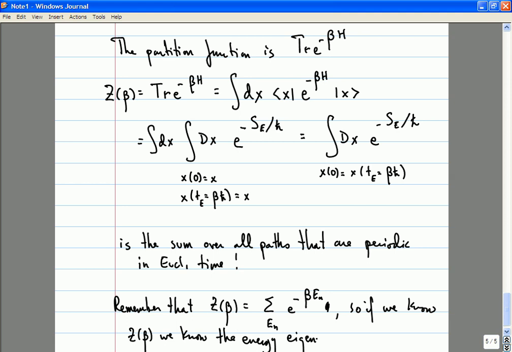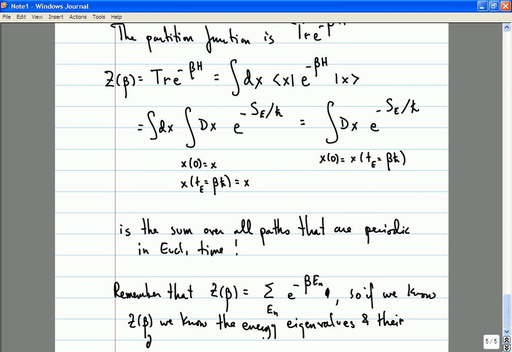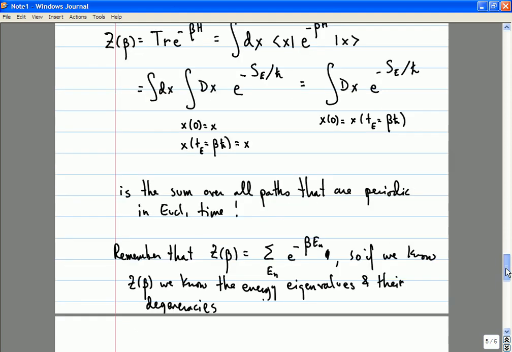More specifically, we know the energy eigenvalues and their degeneracies. So, for example, this tells us that we now have a dictionary which lets us determine the complete spectrum of the Hamiltonian simply by doing a Euclidean path integral.